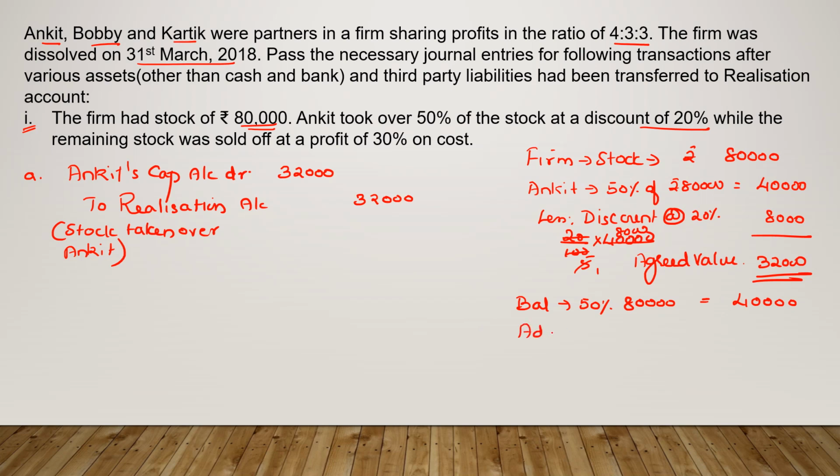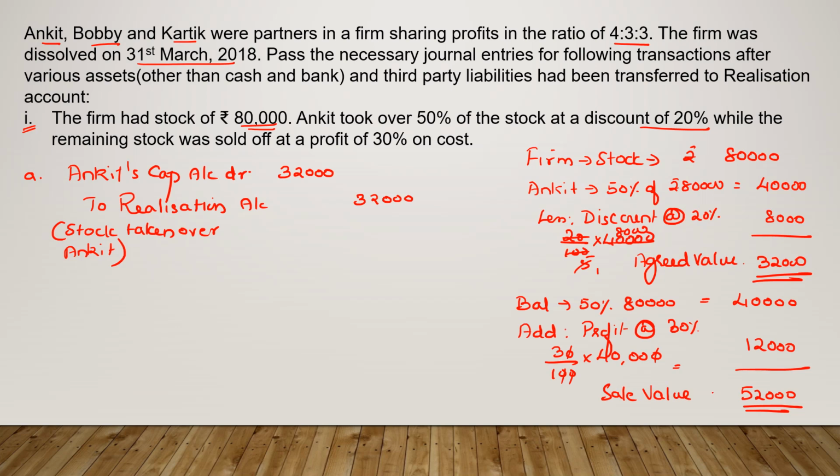Now we add the profit, which is at the rate of 30%. So calculate 30% of 40,000. The 0 cancels here. So 3 into 4,000, 12,000. So they were able to sell it at 52,000. So the sale value of the remaining stock is rupees 52,000.